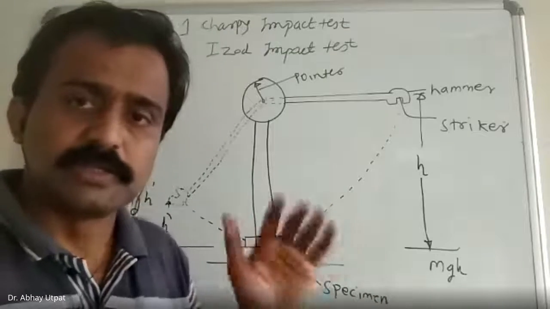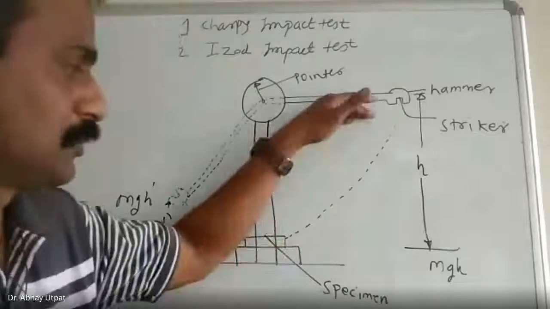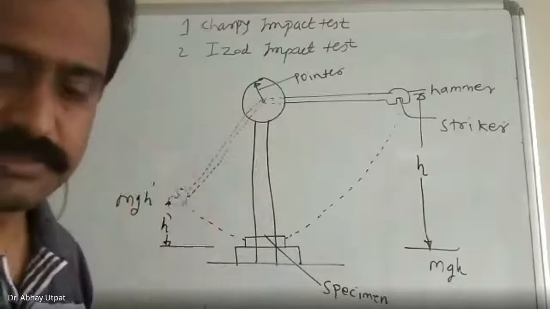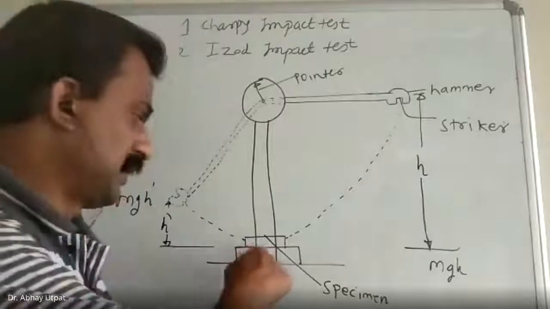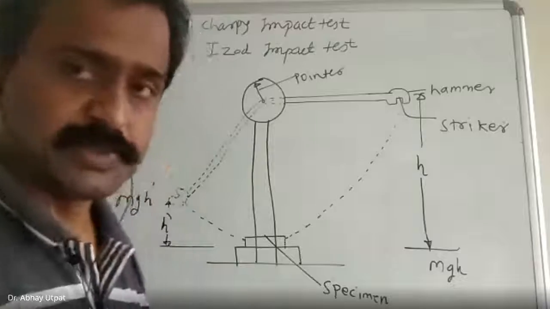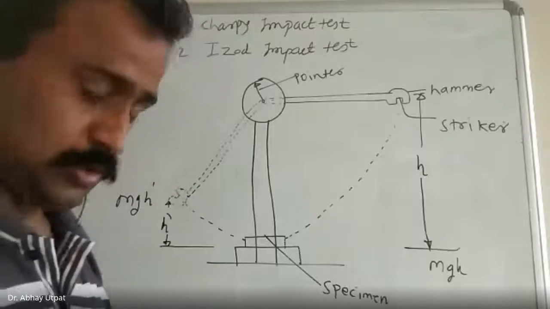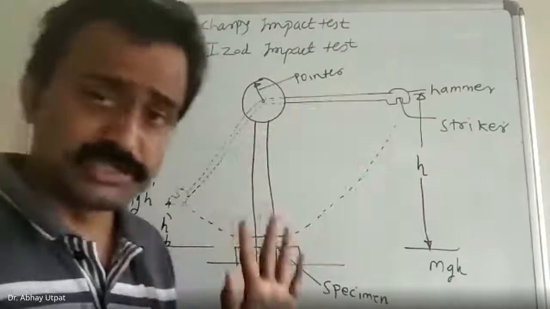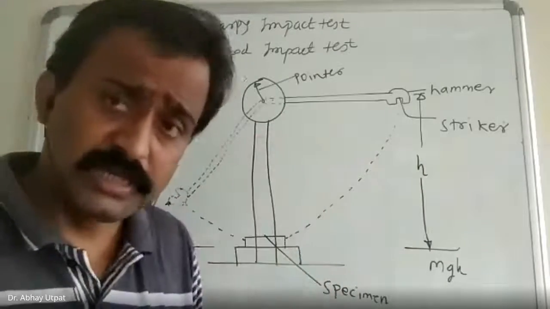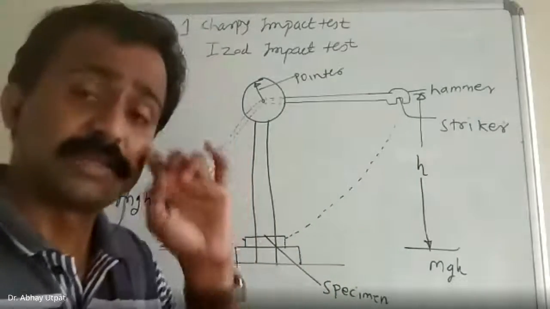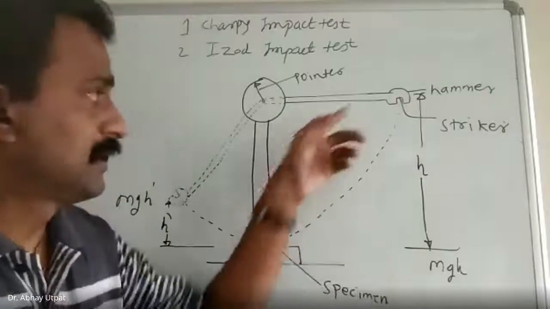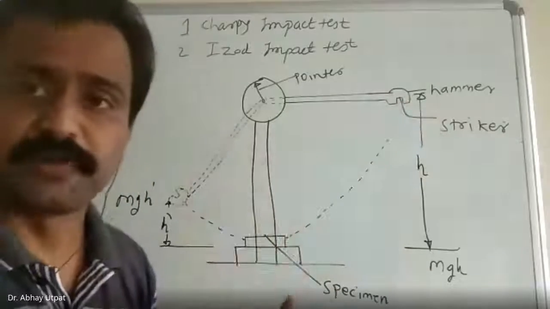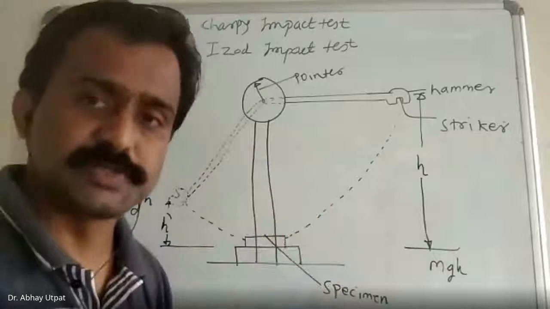Okay. If suppose I am using the Charpy test, the specimen is kept here. Now, how is the specimen? So, in the Charpy test and Izod test, there are variations in the size of the specimen, presence of notch, shape of the striker, and position of the specimen.